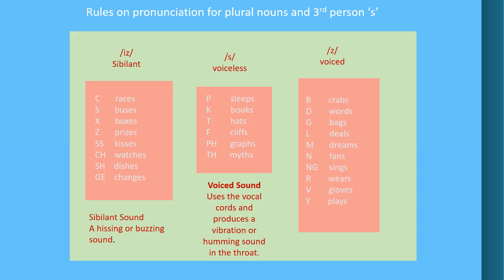Okay, can you see the difference now? So you've got the letters there. If an S is following these letters, then the sound is a voiced sound, like a Z sound. Voiced sounds use the vocal cords and produce a vibration or humming sound in the throat.